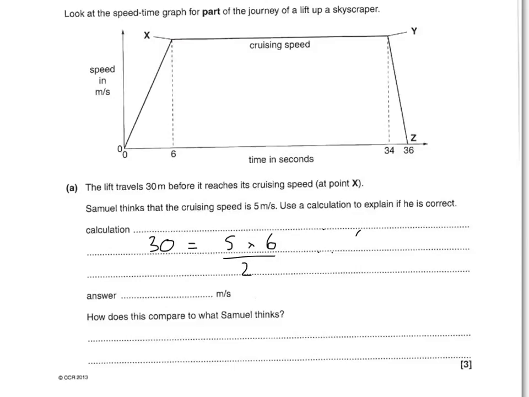So therefore 60 will equal 6 speeds, so s will equal 60 divided by 6, which equals 10. So actually the answer is 10 metres per second, so therefore Sam is not correct. So you get 2 marks for getting this 10, and then a mark for saying that Sam is not correct.